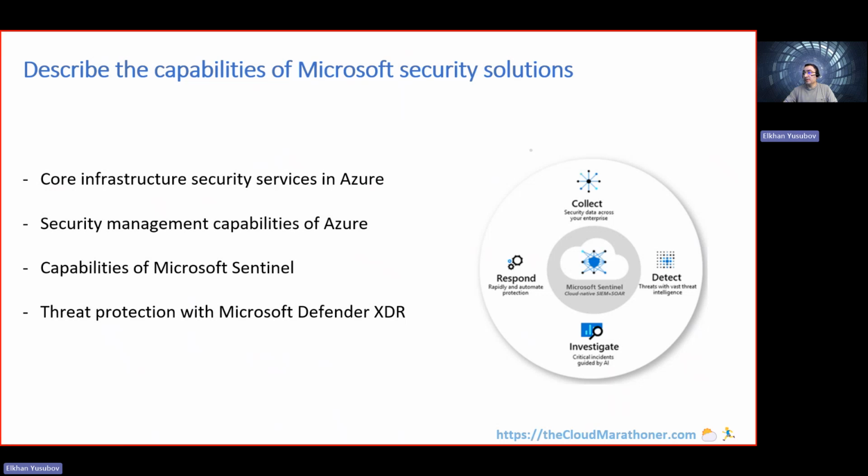Once detection happens, there's an investigate phase, where threats are investigated using AI and AI-enabled capabilities. There are hunts where you can hunt those threats and suspicious activities at scale.